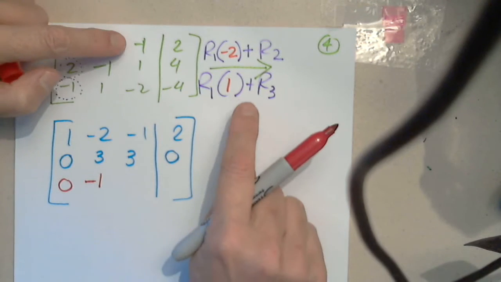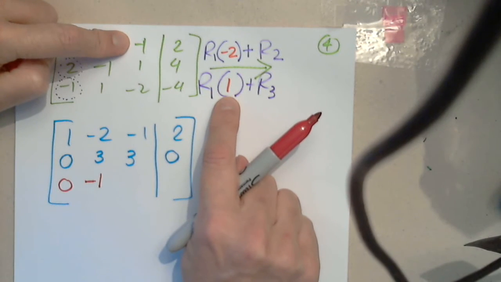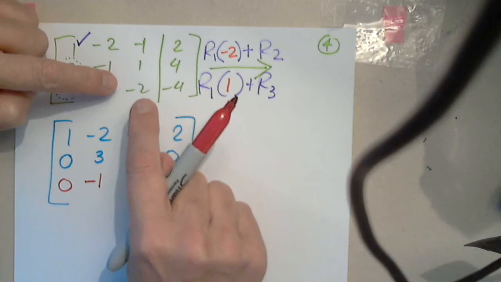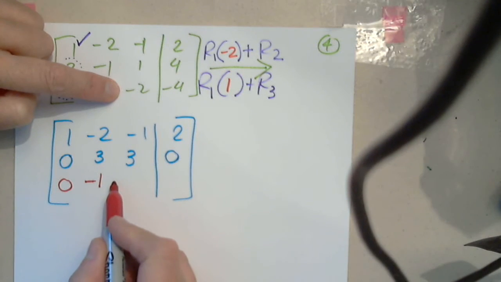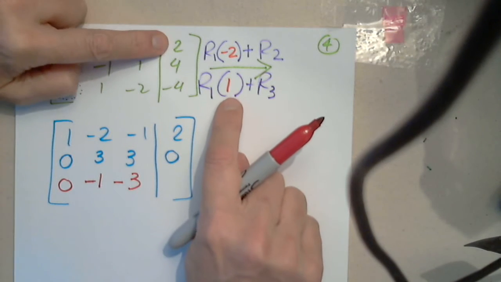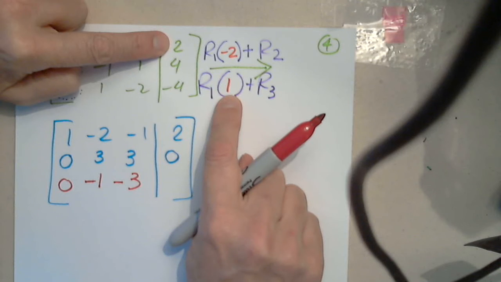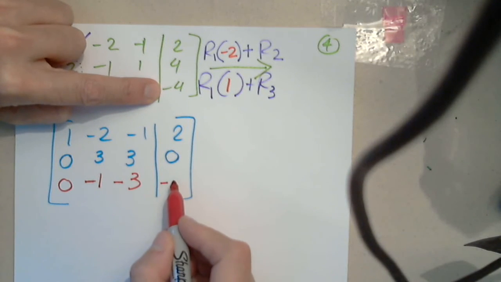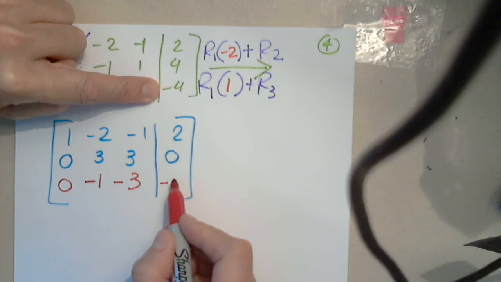Yes. -1 times 1 is -1, -1 minus 2, -3. Perfect. 2 times 1, 2. Minus 4, -2.